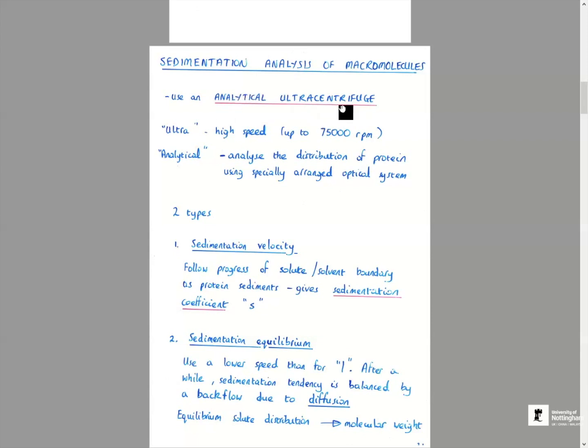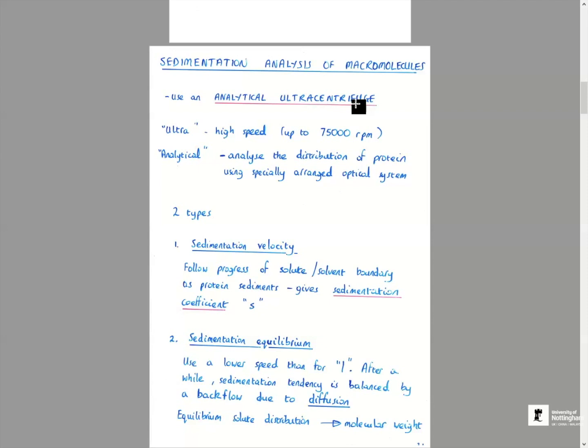An analytical centrifuge is a specially adapted centrifuge where, during the sedimentation process, as molecules are sedimenting, by use of a special optical system, we can actually follow the sedimentation process. We can see how fast things sediment.